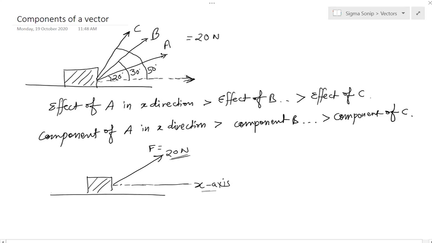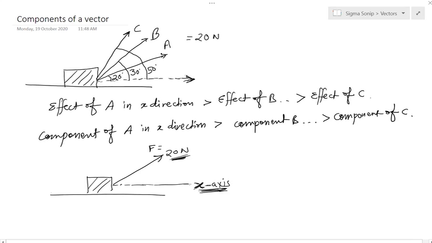In other words, only a part of this 20 Newton force is acting along the x-axis. So the component of F in the direction of x-axis is smaller than F. So the question arises: if only a part is acting along the x-axis, then where has the rest of the force gone?